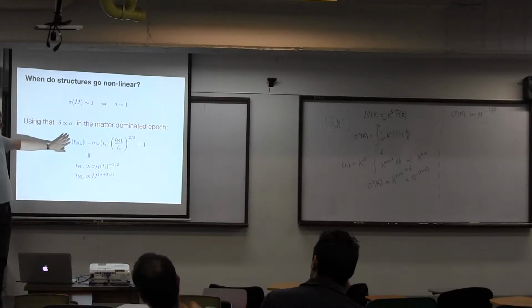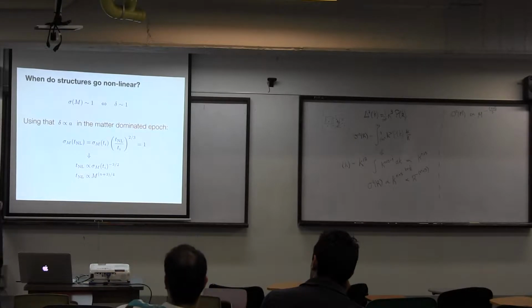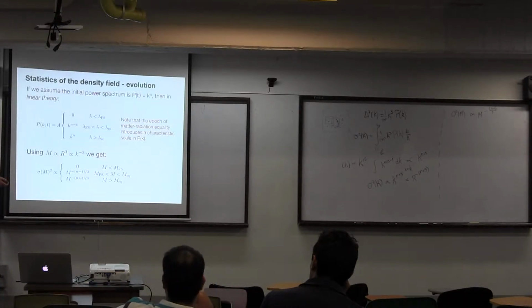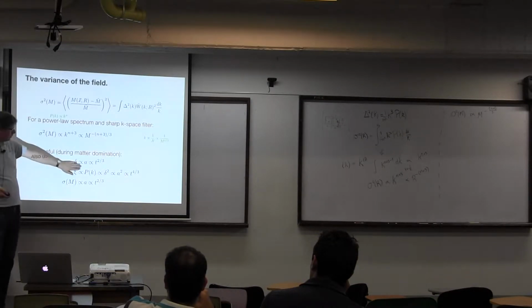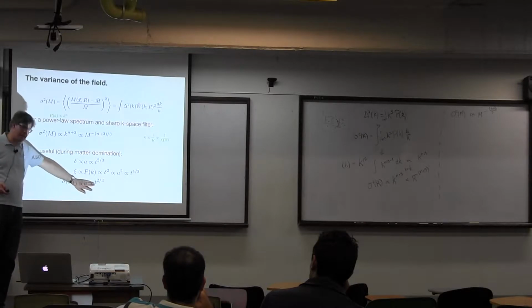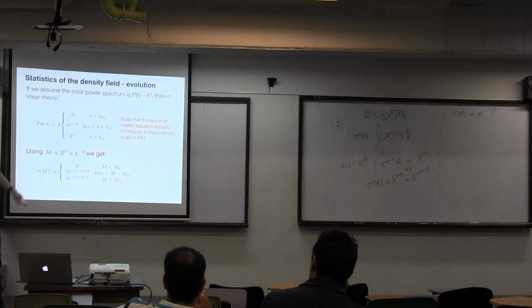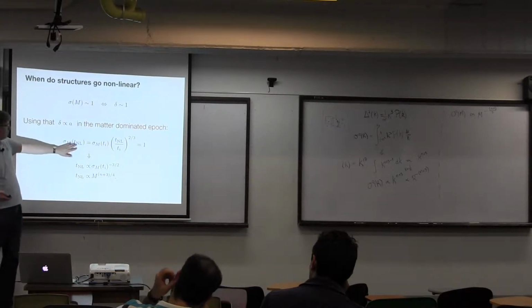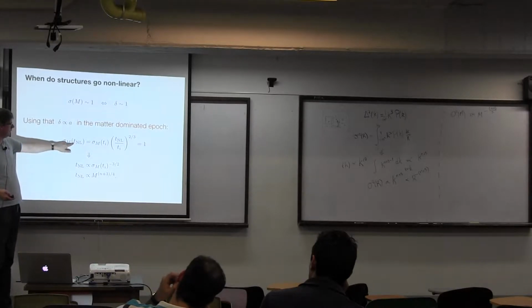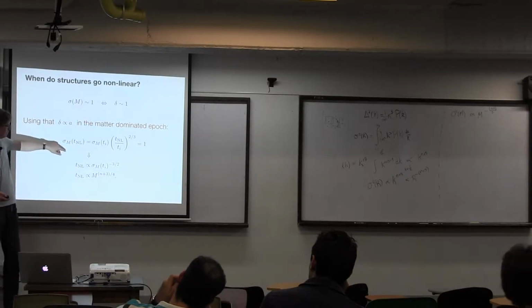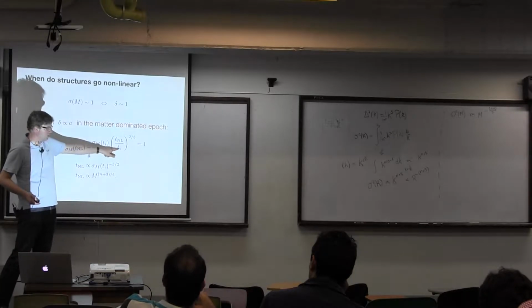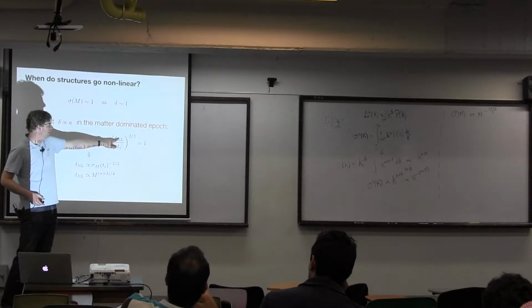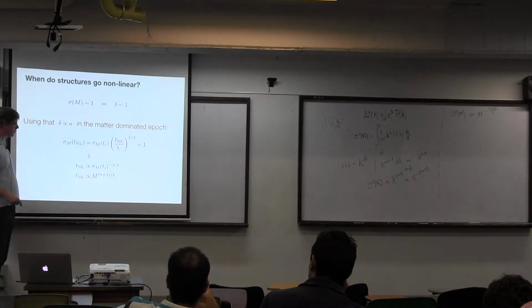So then you can try to estimate when this happens using the relationships that I just showed you earlier. These ones here. So this tells you how this depends on A and depends on t to the 2/3. So you can set this equal to 1, call that the nonlinear time, and that depends on the initial time that you start your perturbation and the time of nonlinearity to the 2/3.